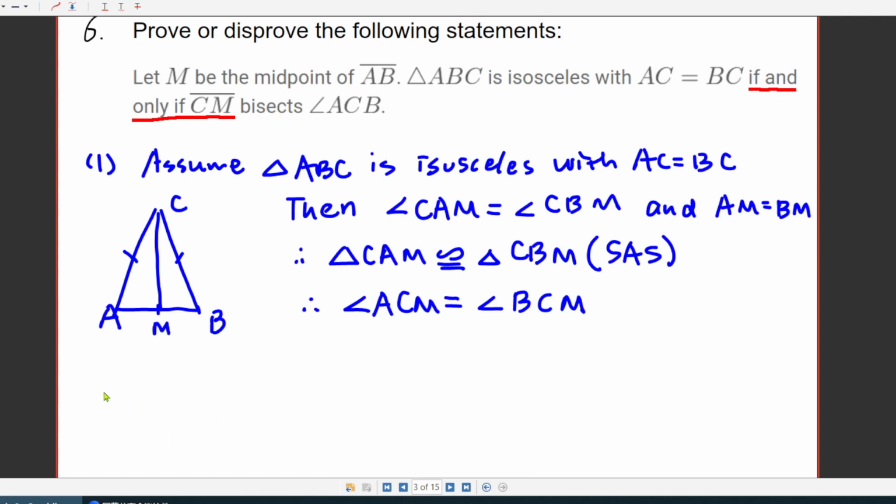Next, we need to prove the other direction. We need to assume CM bisects angle ACB, right? If CM bisects angle ACB, you need to prove AC equals BC.